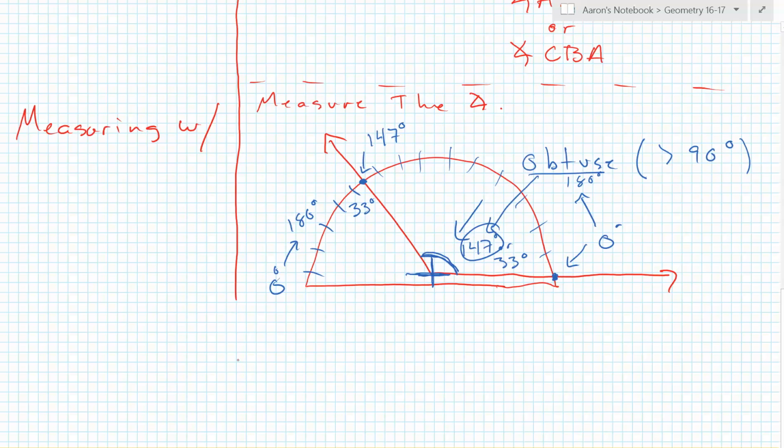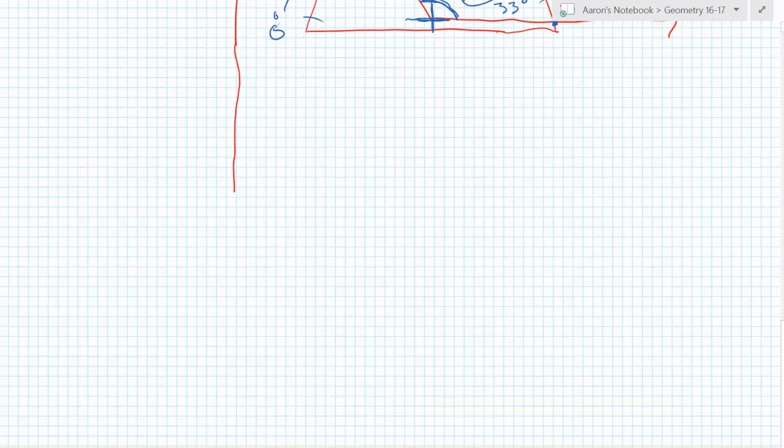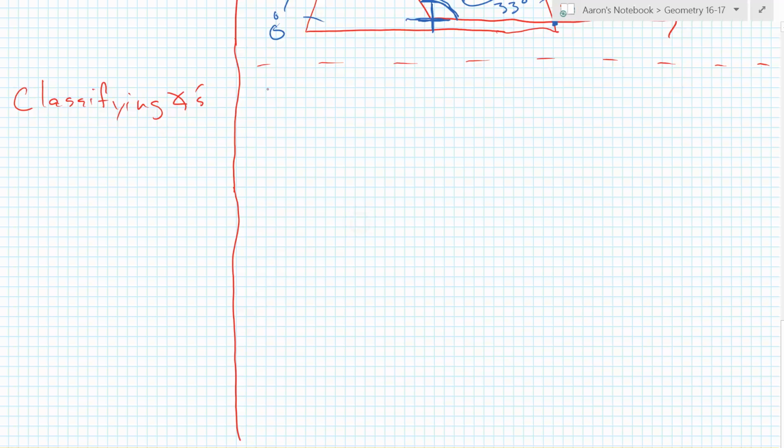Next up, classifying angles. There are 4 types of angles. Just 4.